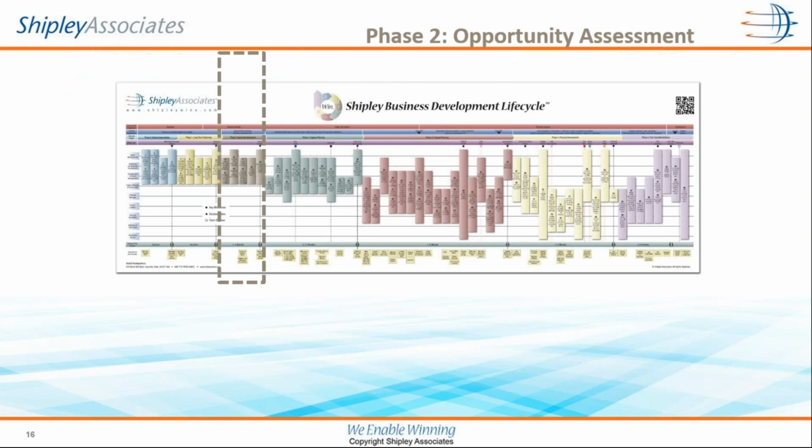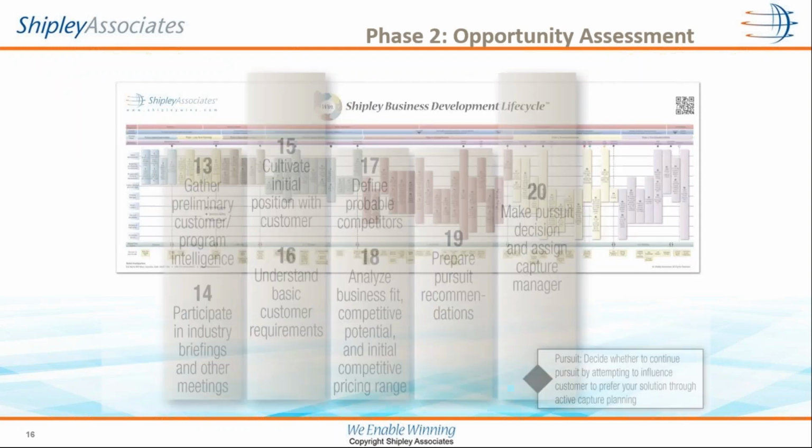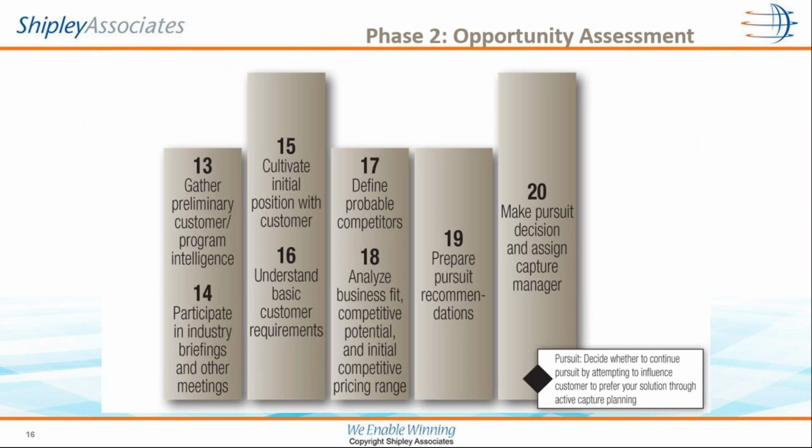Let's go now to the next phase of a life cycle, which is where we need to start qualifying and evaluating and assessing actual opportunities. So phase 2, the opportunity assessment phase. If we hone in on the activities, the steps required, the accountability required here, we need to start accumulating information and intelligence on potential customers, on potential competitors.